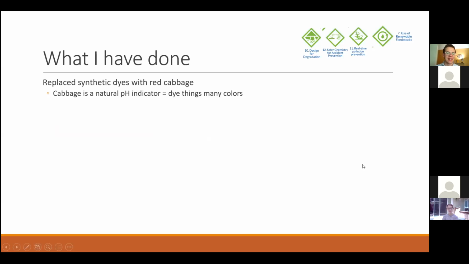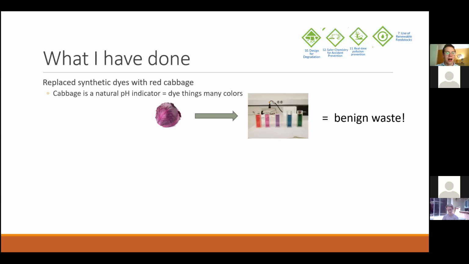So what have I done? Because I've showed you a lot of pictures. I have replaced the synthetic dyes from the original activity with red cabbage. Red cabbage, because it's so colorful, I don't need to find other natural dyes, at least at this point.